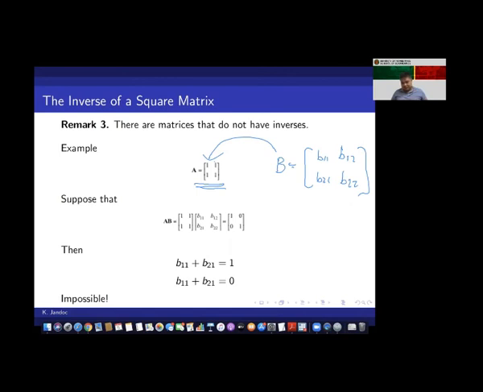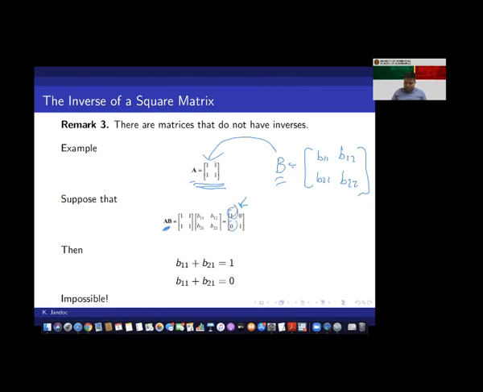Suppose this is an inverse of A. Then what must be true? If B is an inverse of A, when we multiply A and B, it should yield the identity matrix. But for that to be true, you have to compute each of these entries.